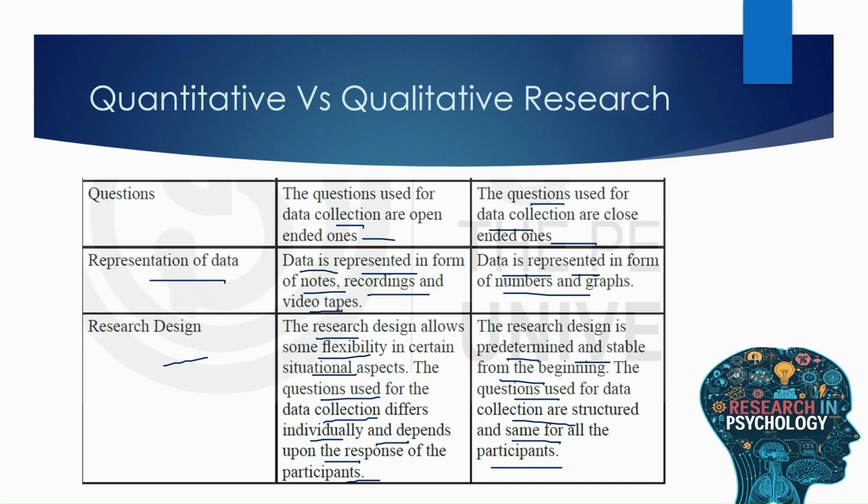For each participant, you can change or modify the question depending upon how the person is responding to the questions. While in quantitative research, this flexibility is not allowed and all the participants will be given exactly the same questions. So, this was the difference between quantitative and qualitative research.